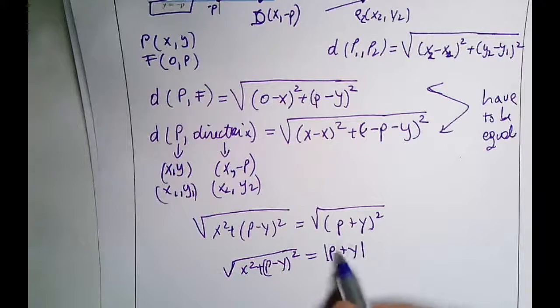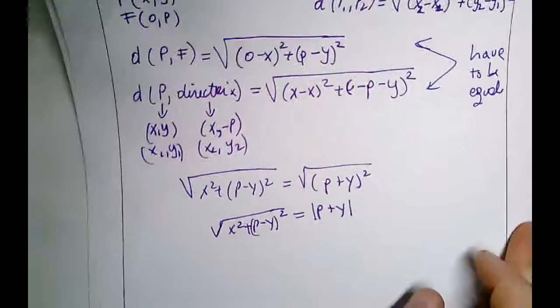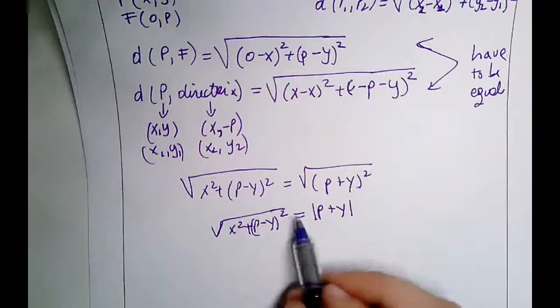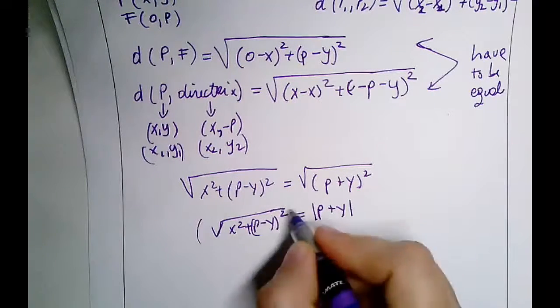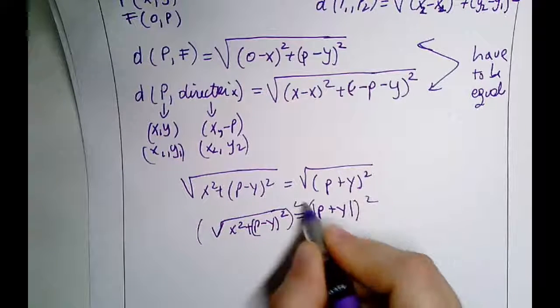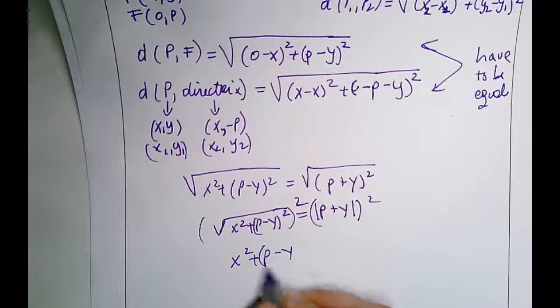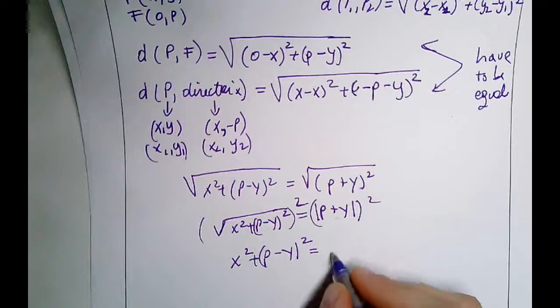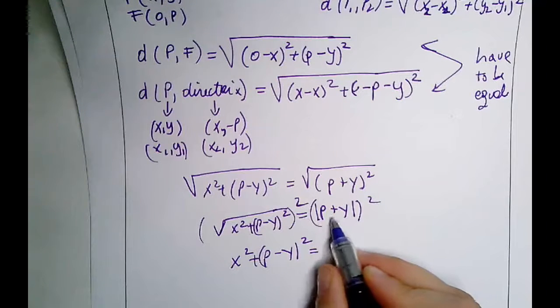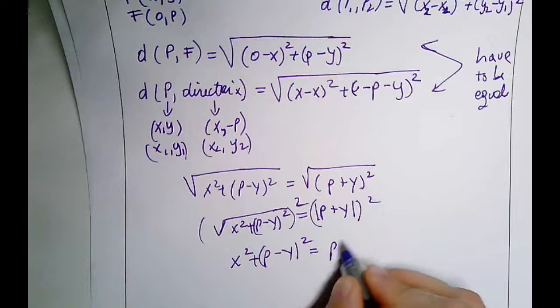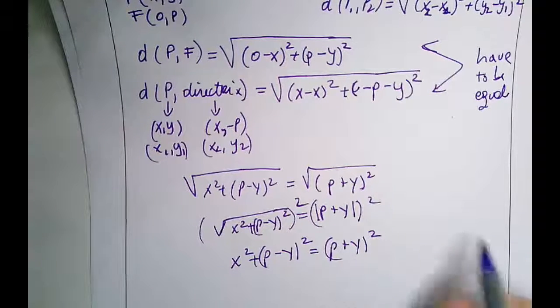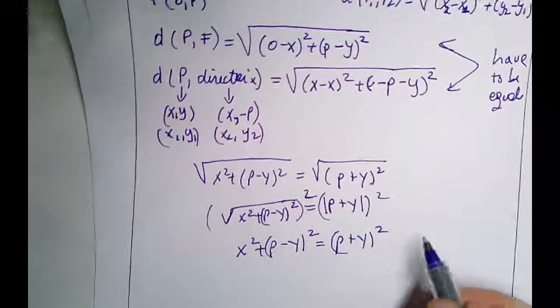Because this is a distance, I have to make sure it's positive, so I put absolute values. Now I'm going to square both sides. I get x squared plus (p minus y) squared equals the absolute value of (p plus y) squared, which is the same as (p plus y) squared, because the square makes sure it's a positive quantity.